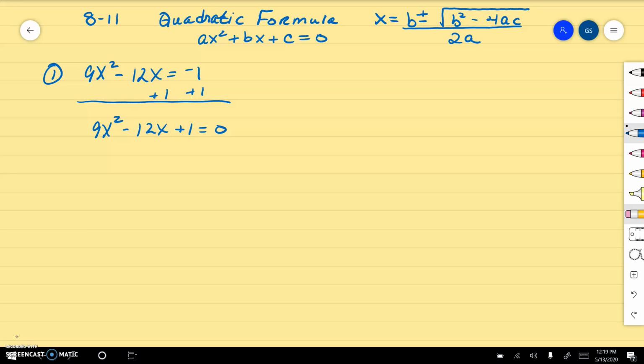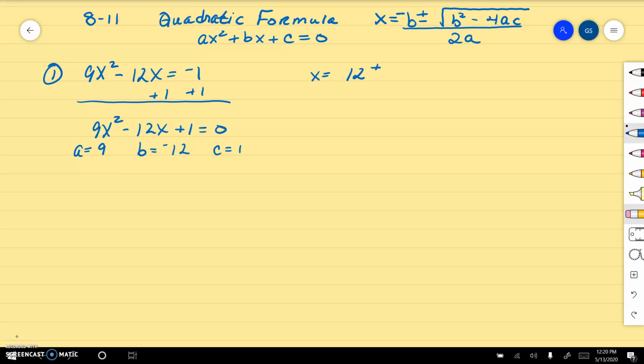Now we name our A, B, and C. So our A equals 9, our B equals -12, and our C equals 1. Now we can put that into our equation. So x equals -b plus or minus the square root of b squared minus 4ac all over 2a. So x equals -b; well, b is -12, the negative of that is +12.